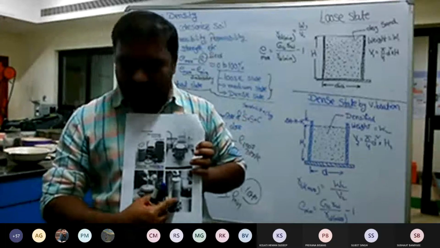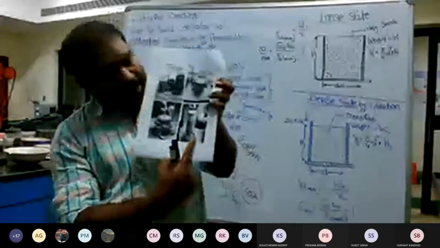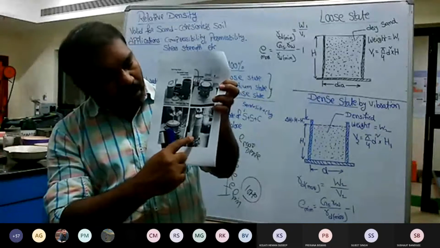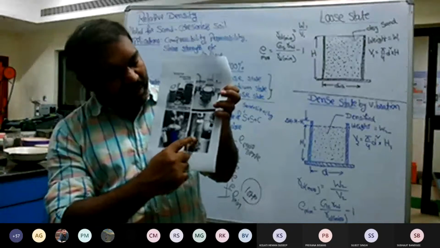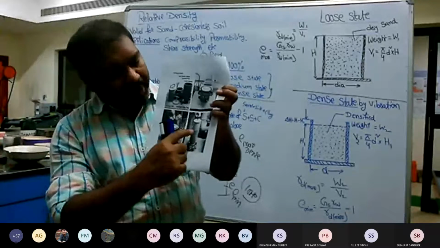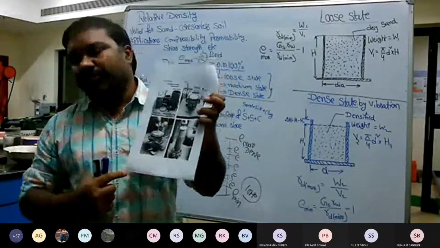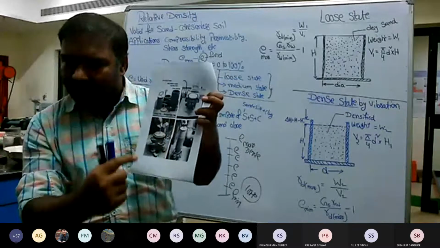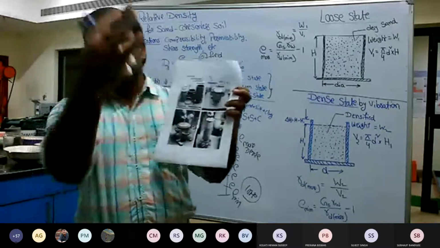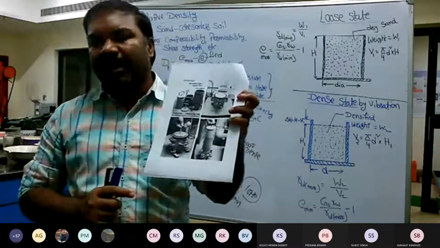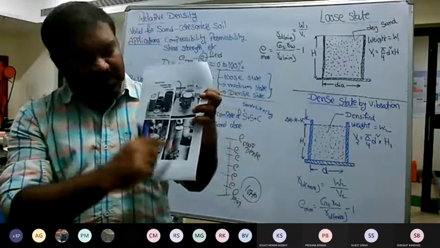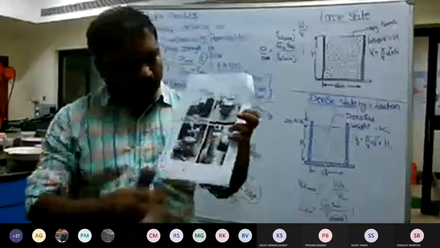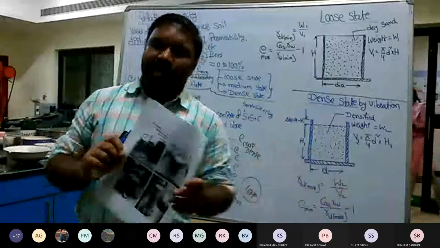As you can see from the right side bottom picture, the bottommost is the mold, on top of it you have inserted the guiding sleeve, and into it you have inserted the surcharge weight. Once this entire assembly is ready, it is directly kept on the vibrating platform, and this is vibrated for approximately 8 minutes.